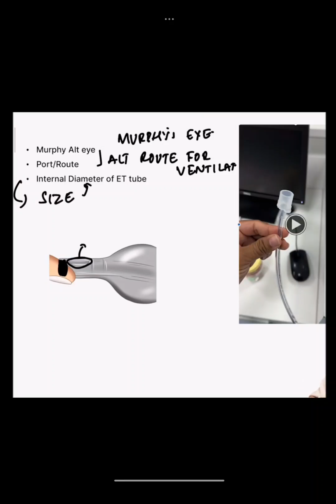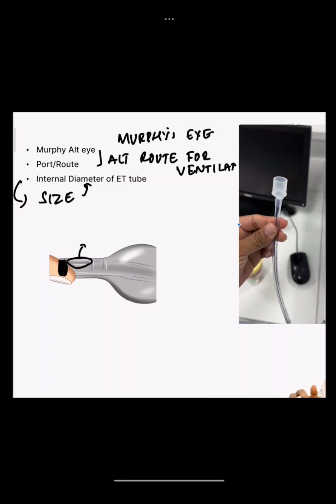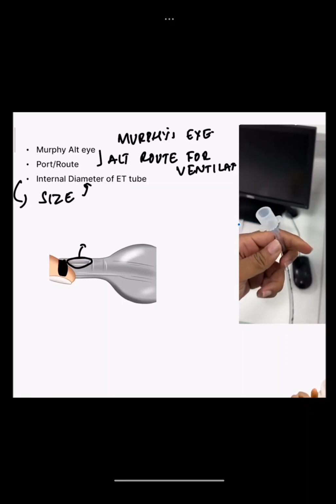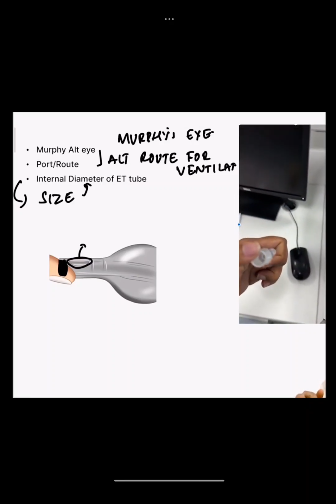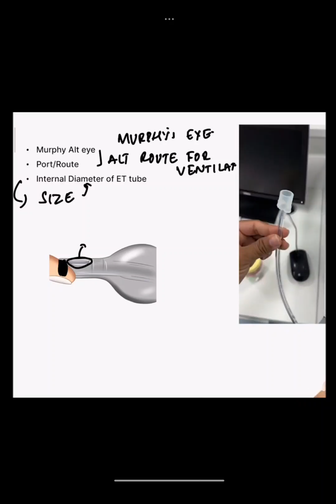Now look at the internal diameter, guys, in this video. I am holding an endotracheal tube and this is its internal diameter. That internal diameter determines the resistance. Okay, next.